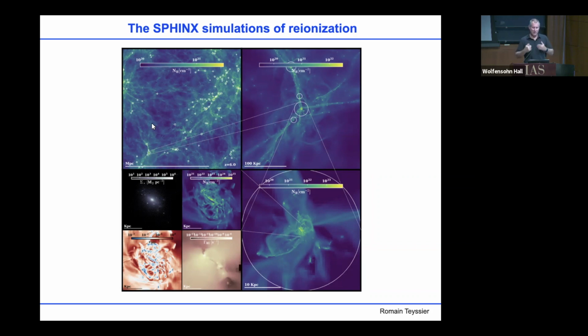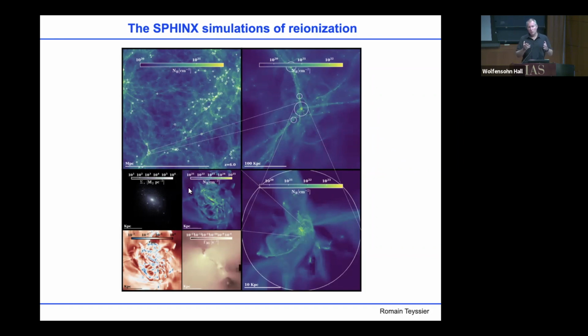They will form later. And you see, by the way, that you have in this periodic box the typical filamentary structure. And all these white circles that you see are dark matter halos, tiny dark matter halos. And now the beauty of this Sphinx approach is that thanks to this tiny box, 1 megaparsec, you can really zoom in on those dwarf galaxies and resolve the interstellar medium inside those galaxies.